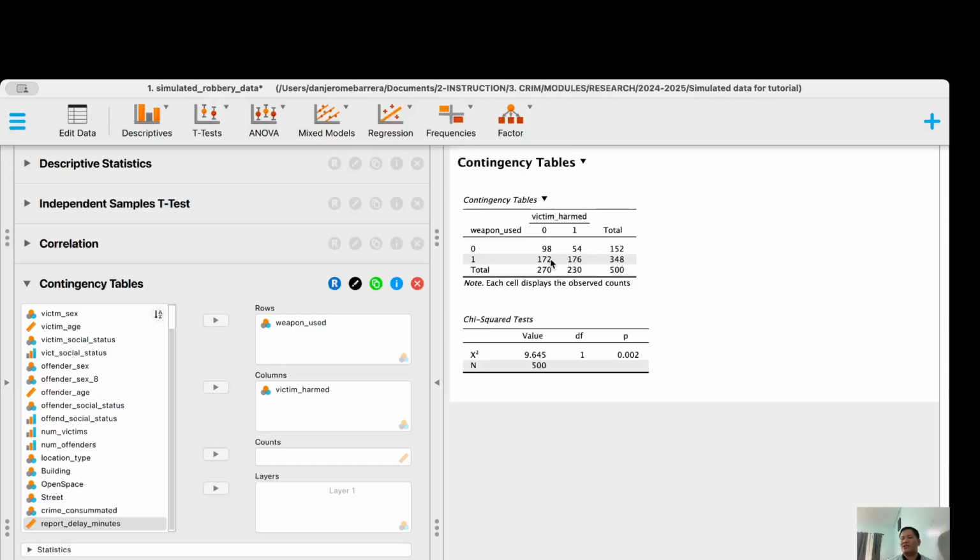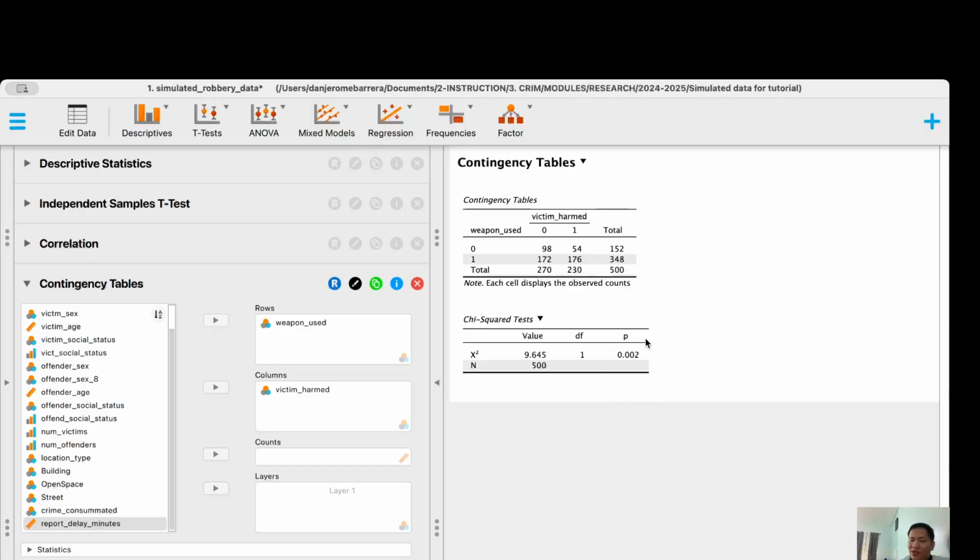So we can say that weapon use affects crime lethality. That means if the offender uses a weapon, it tends to result in a more lethal robbery incident compared to when the offender did not use a weapon. And that relationship is significant.